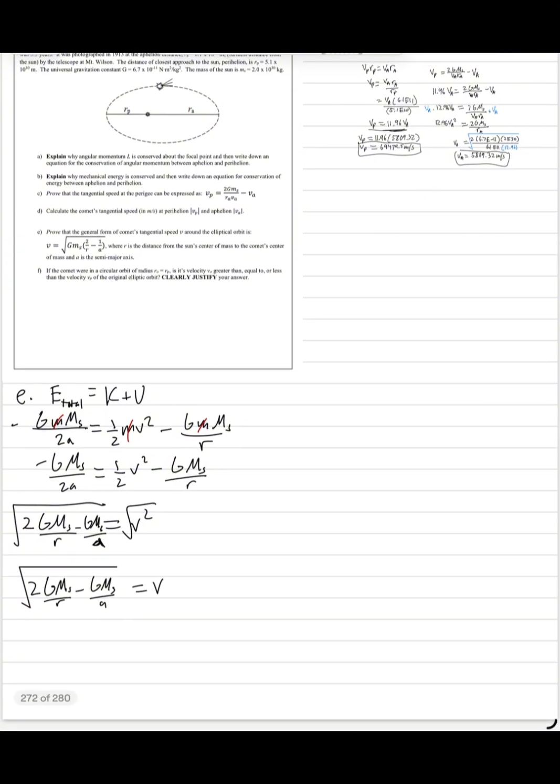I'm going to factor out the G M S so it'll look like the function inside it. And that's the general form.